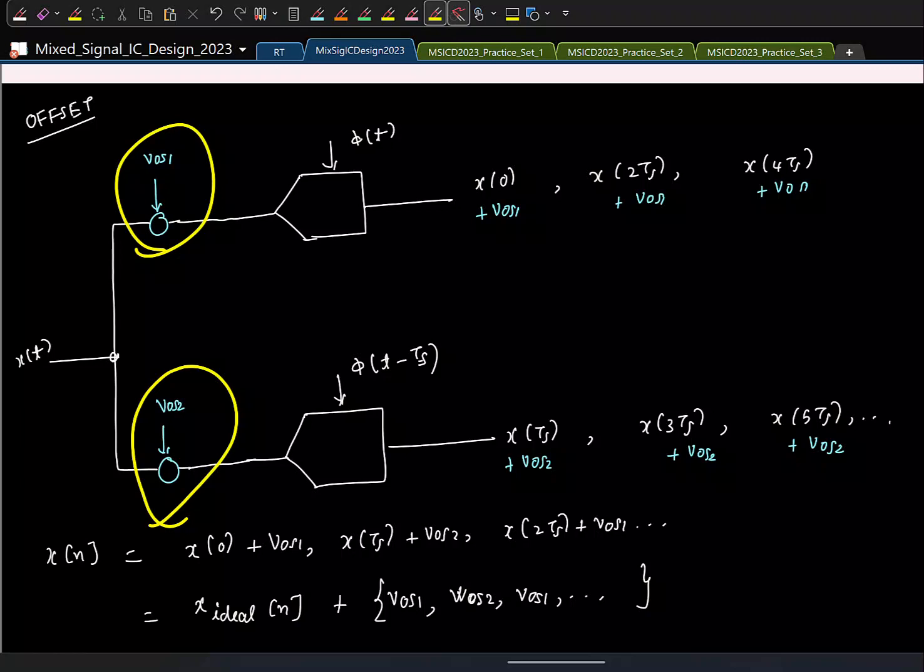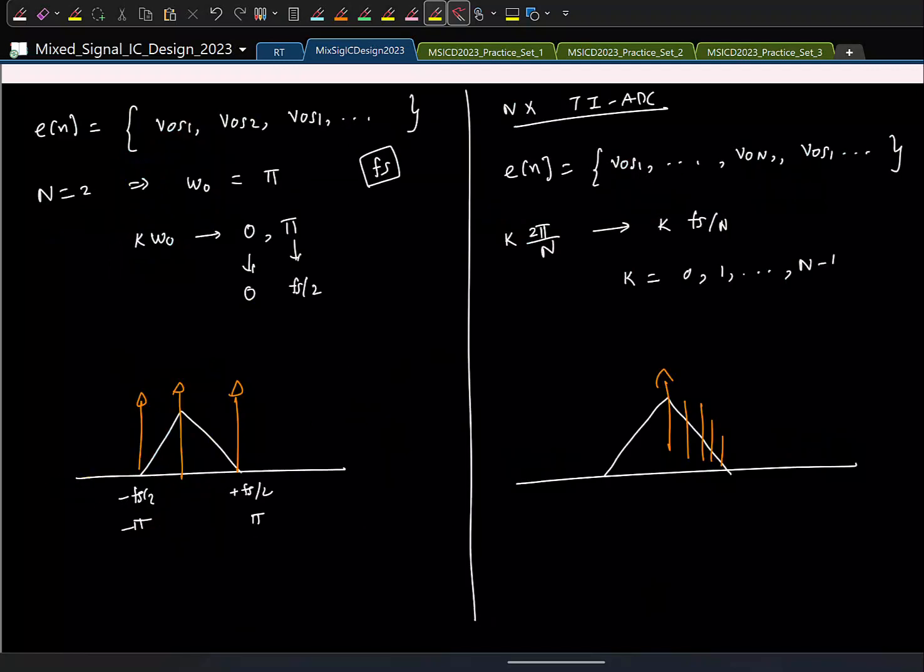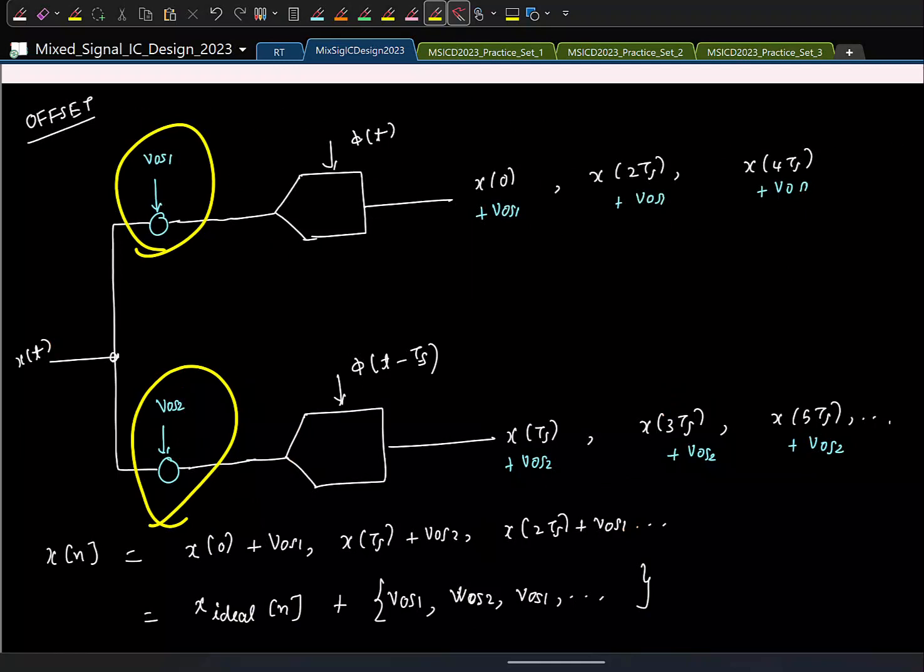Please note that the problem arises here because the offsets in each channel are different. That's all, right? So can you suggest something to correct for this? Let me draw an n-channel interleaving. We have some offset in each channel.